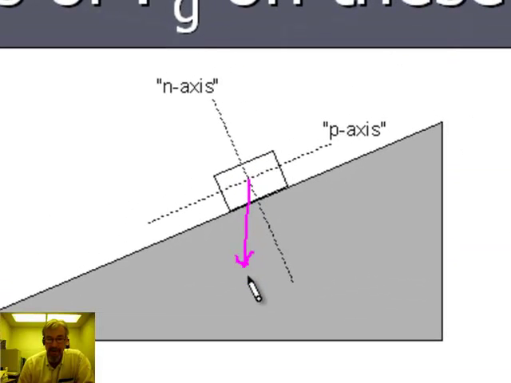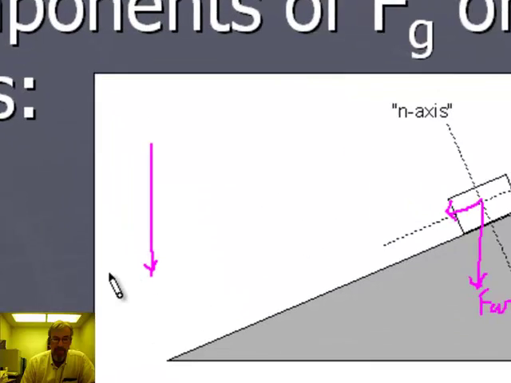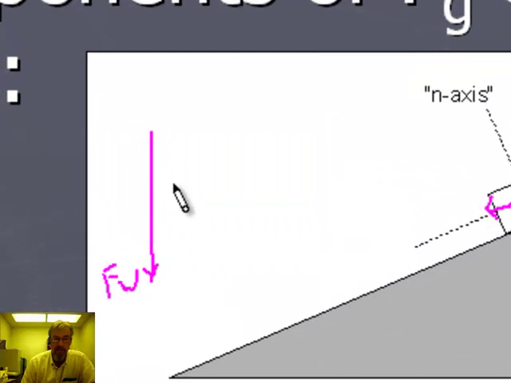Again, force parallel is the other component of the force due to gravity, or the weight. But it's down in this direction. Now, if I take this vector and I just slide it down here, I can make another triangle. I'll duplicate that over here. FW, force parallel.